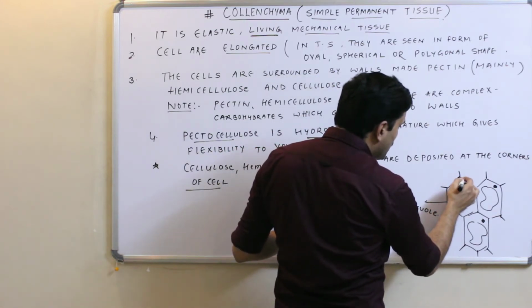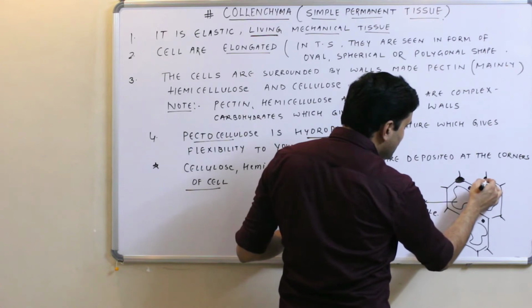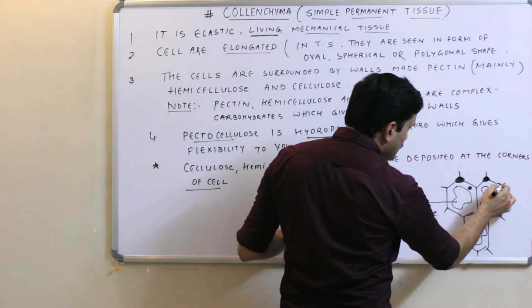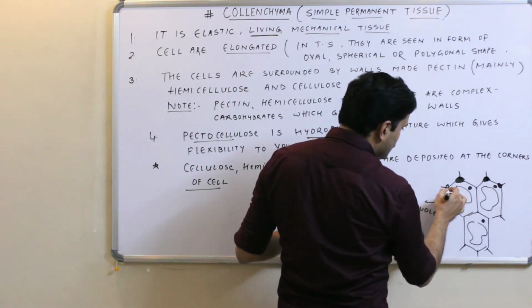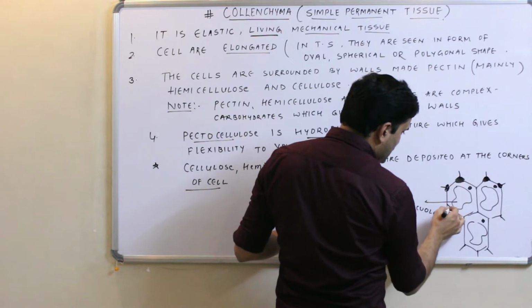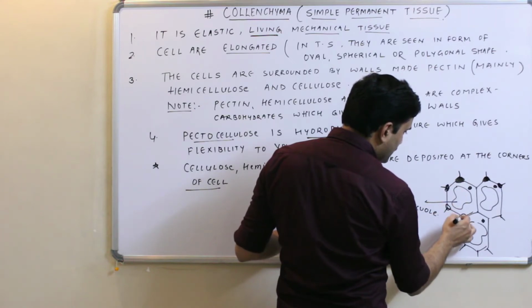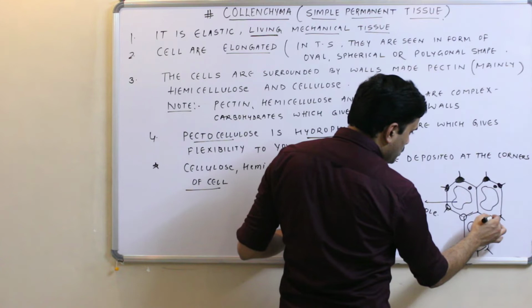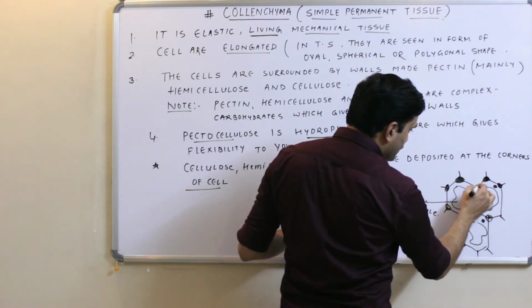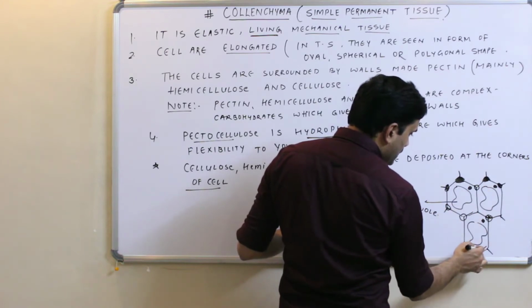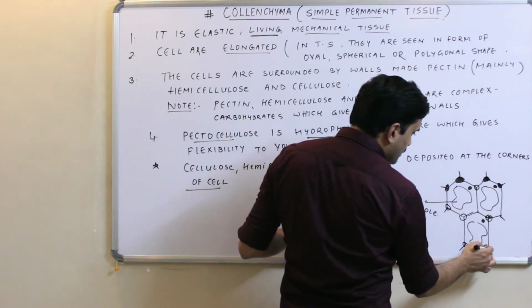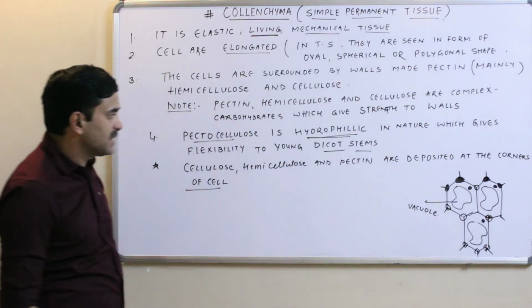Corners of the cells become thickened because of the deposition of pectin, cellulose and hemicellulose. You can see that at the corners these substances are deposited.